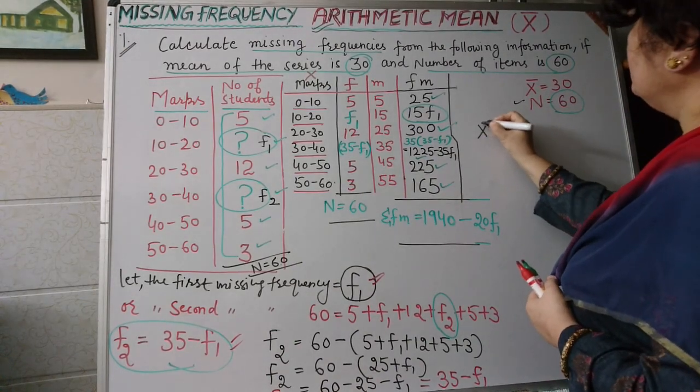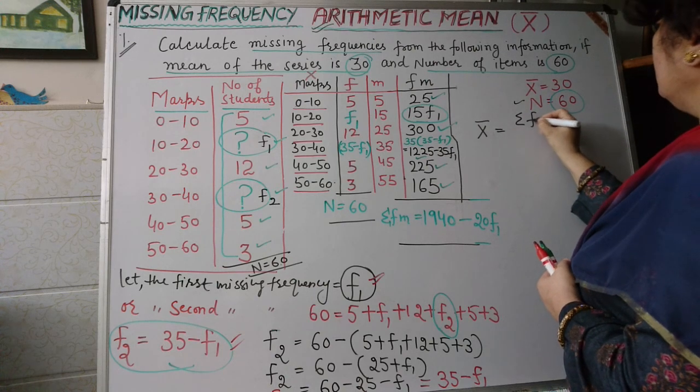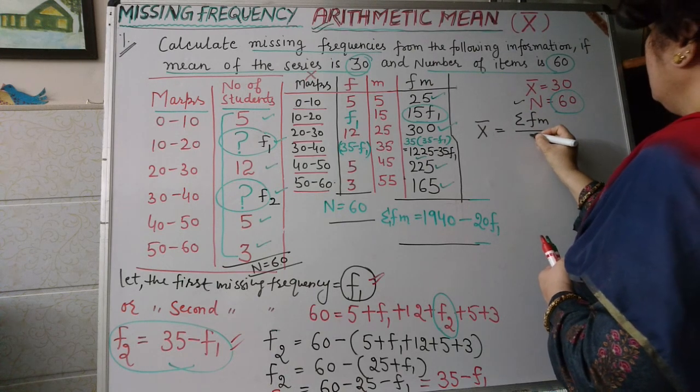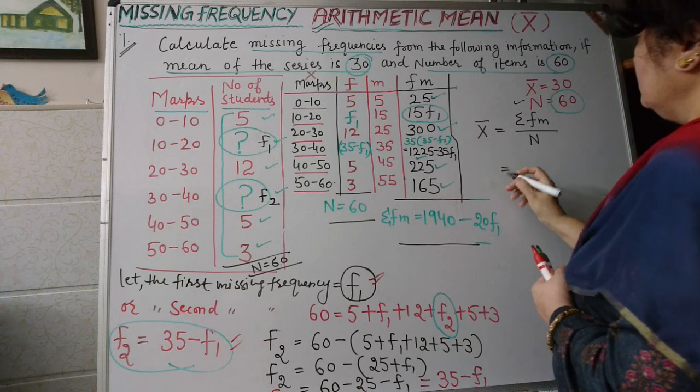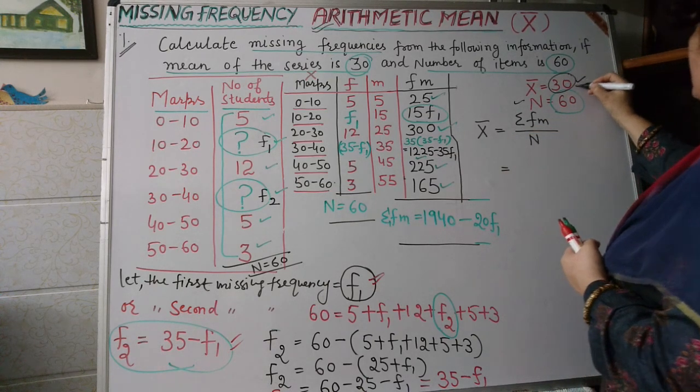Now let us put the values in the formula. We know that x bar, the arithmetic mean, is equal to sigma fm divided by N, and the value of arithmetic mean that is given is 30.